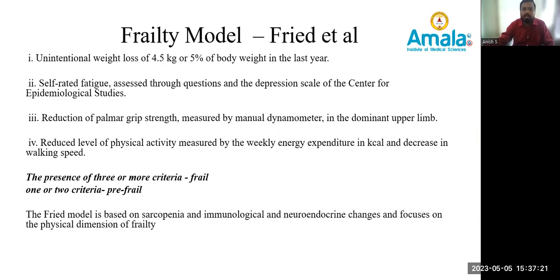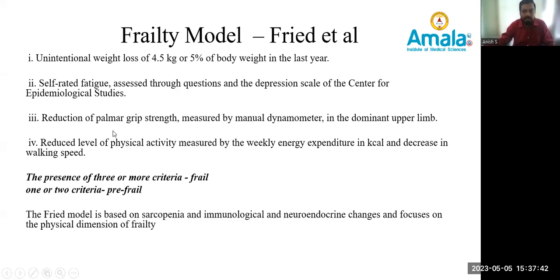One of the models of identifying frailty is the Fried et al. model, which has 4 criteria, one being unintentional weight loss of 4.5 kg or 5% of body weight in the last year, self-rated fatigue, assessed through questions and the depression scale of the Center for Epidemiological Studies, reduction of palmar grip strength.